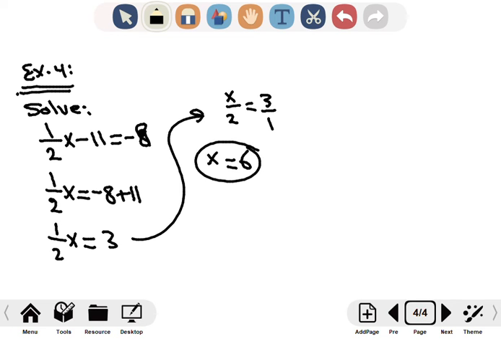Or you can say half x equals 3. We divide both sides by what? The normal way: x equals 3 divided by half. 3, how many halves in 3? 1, 2, 3, 2 halves, 2 halves, 2 halves, 6.